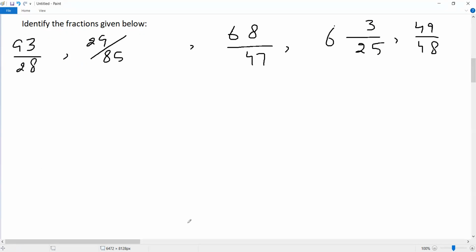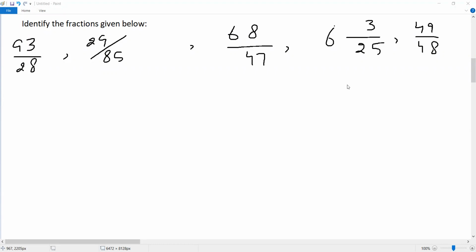One by one, I will ask you. You have to tell me in your chat. So the first one is 93 over 28. So who can identify? Write in your chat. Is it improper or proper?